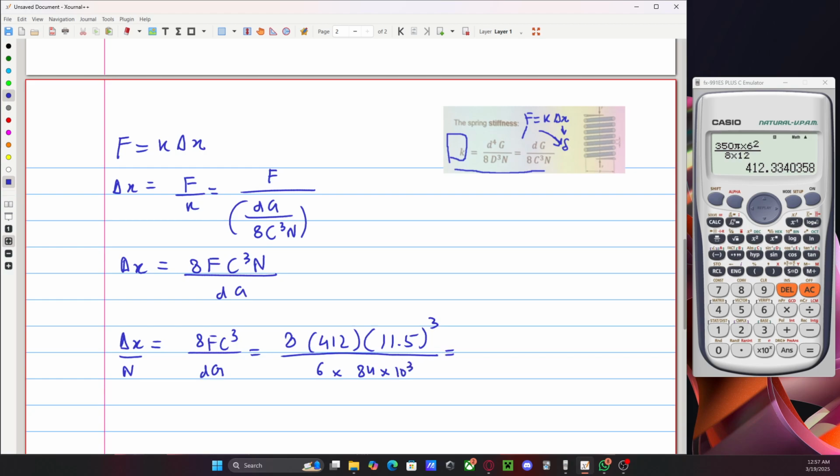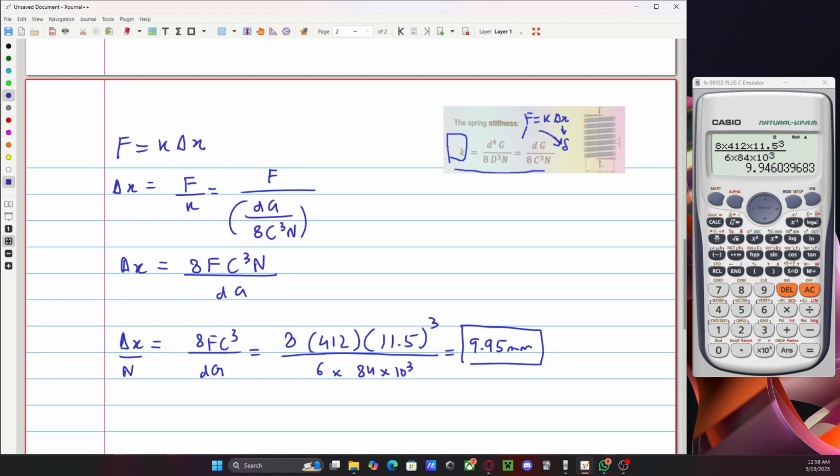Let's check. So 8 times 412 times 11.5 cubed over 6 times 84 times 10 to the power 3. This gives us 9.95 millimeters, our deflection per active turn.